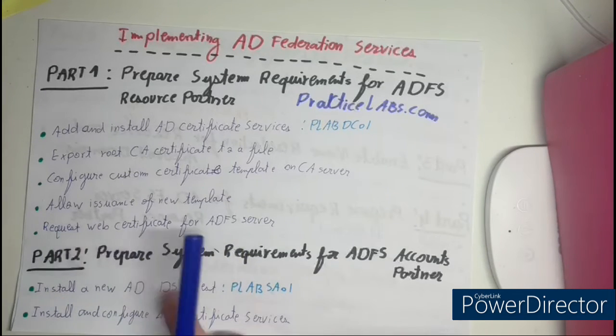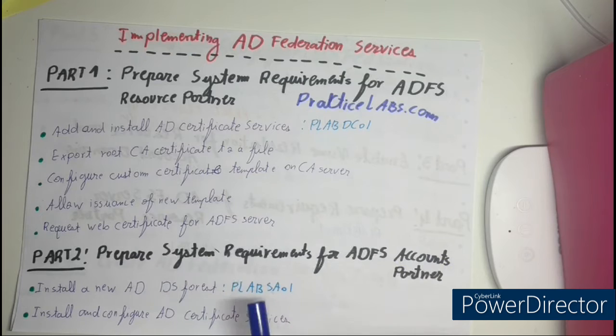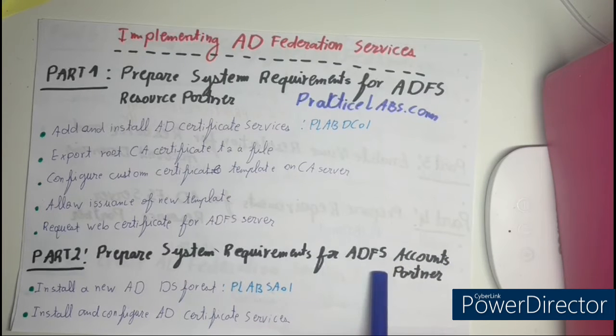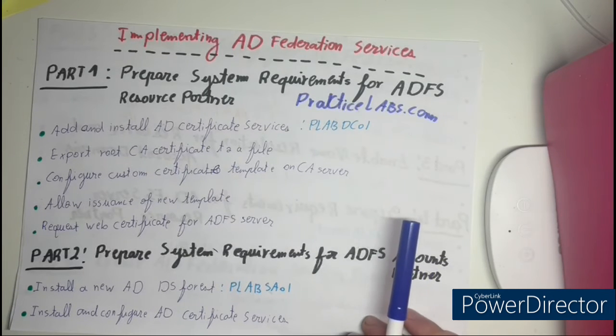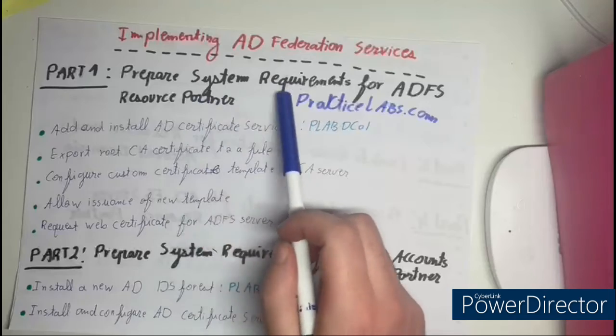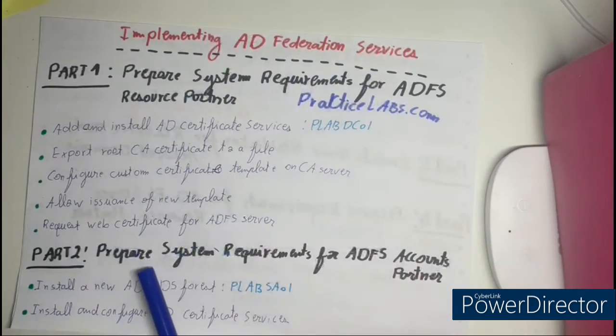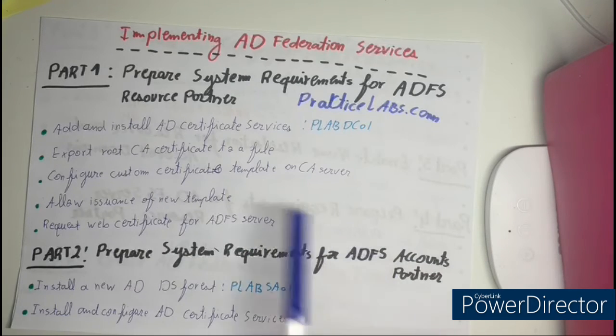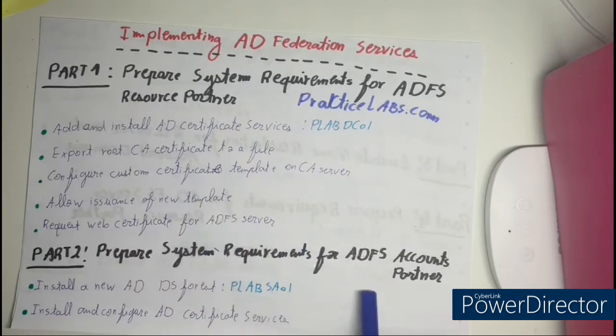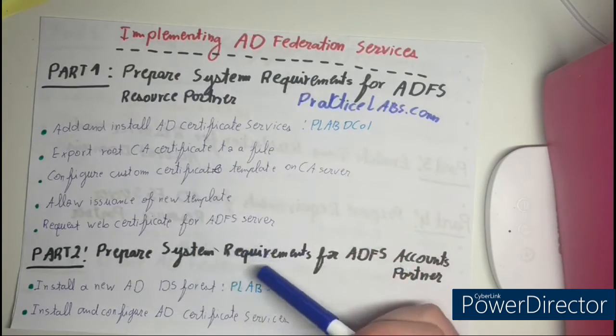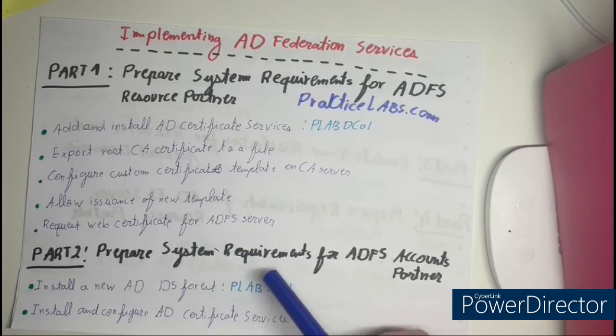Then for part 2, we'll prepare the system requirements for the ADFS account partner. After preparing the requirements for the ADFS resource partner, we'll prepare the system requirements for the ADFS account partner, not the resource partner. That's the main difference that distinguishes this part from that part.